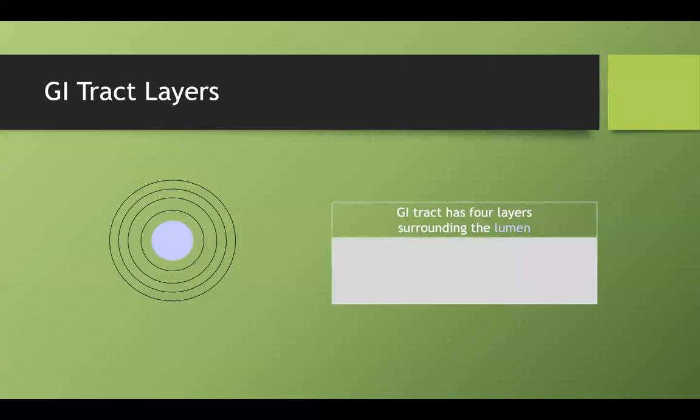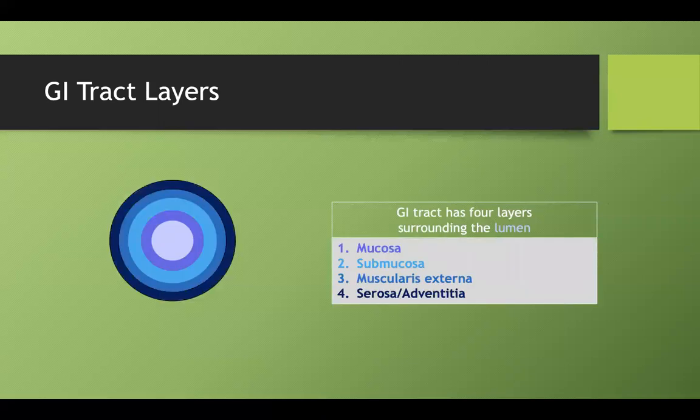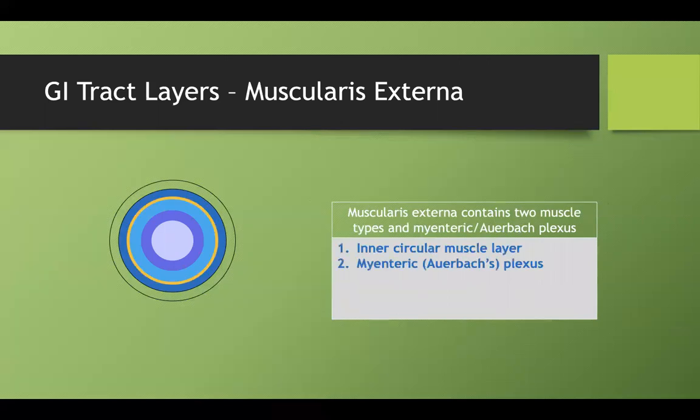So remember, we have our lumen, mucosa, submucosa, our muscular layer, and our serosa or adventitia. In our third layer, the muscular layer, we have a few important structures. We have our inner circular muscle layer. We have our myenteric plexus, also known as Auerbach's plexus. How I remember its function is the M in myenteric for the M in movement.